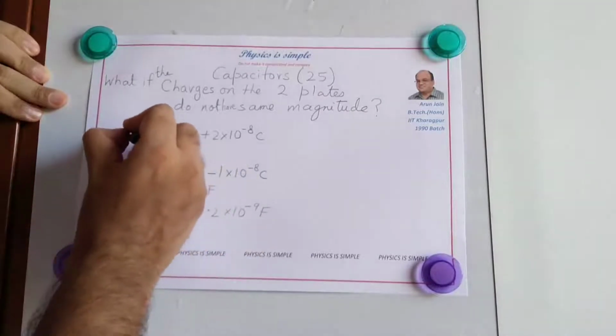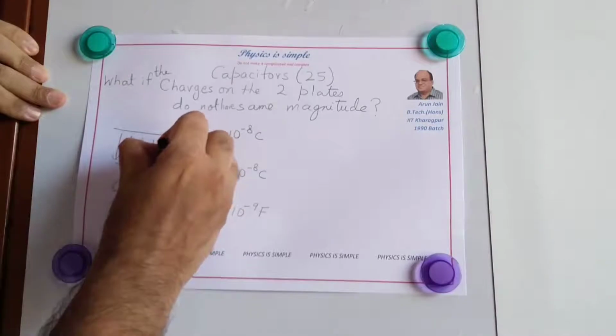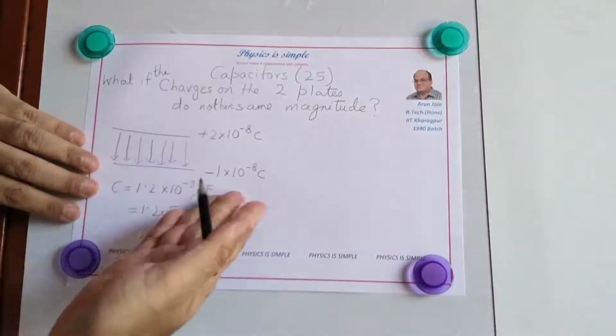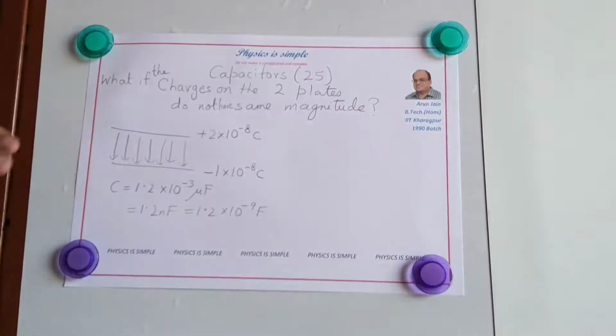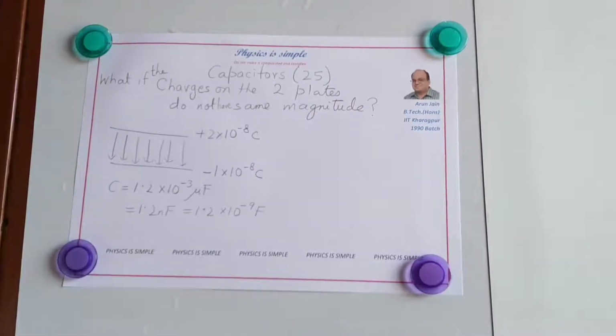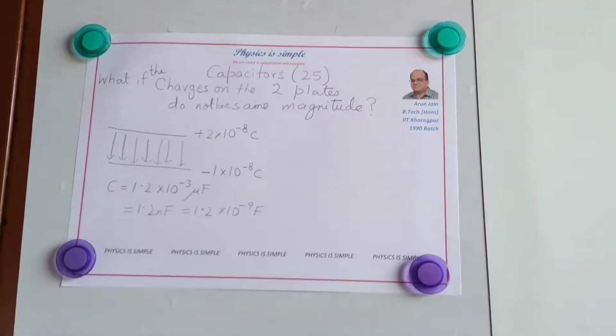And the minus plate creates an electric field towards itself, so basically in the same direction, and that electric field is also sigma by 2 epsilon naught. So normally both the sigmas have the same magnitude, that is charge per unit area, and we take the electric field as sigma by epsilon naught.